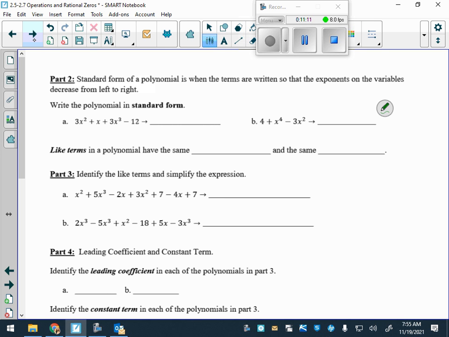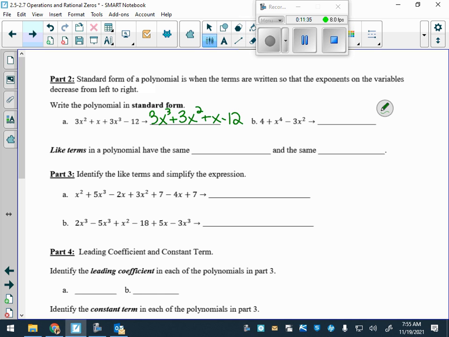So, which one will I start with? Hannah? Good. So 3x cubed. Then what would come next? M? Plus 3x squared. Good. Then what's next? Hannah? X. And last but not least, minus 12.